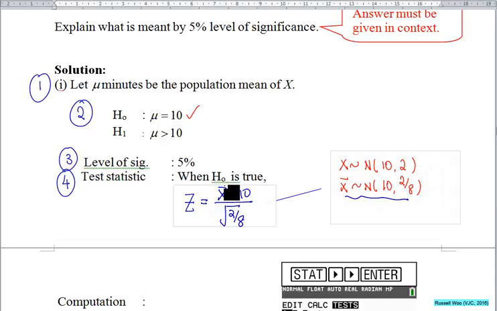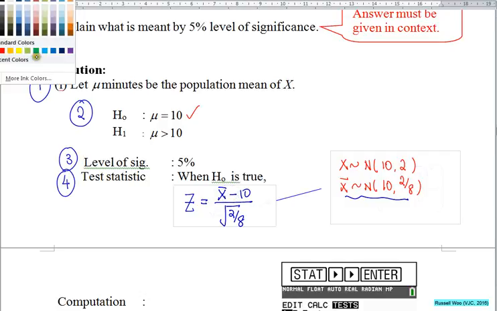Now, I don't know whether you recall, for decision making, we will use p-value to help us make a decision whether to reject or not reject H naught. Remember what is p-value? Just very briefly, I don't have to copy.